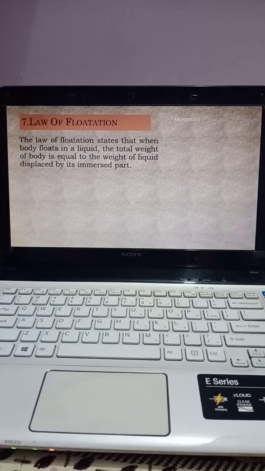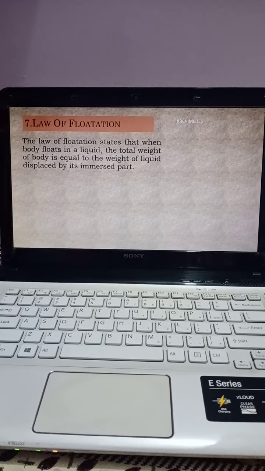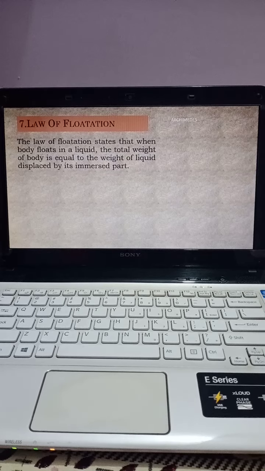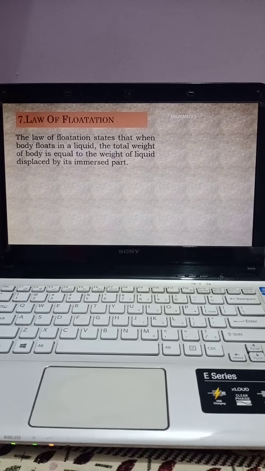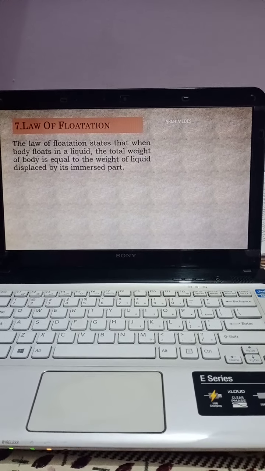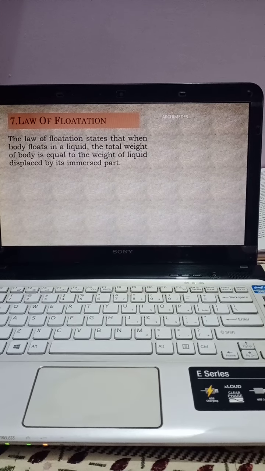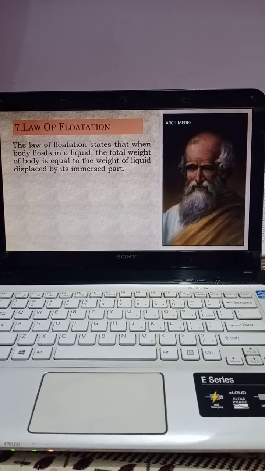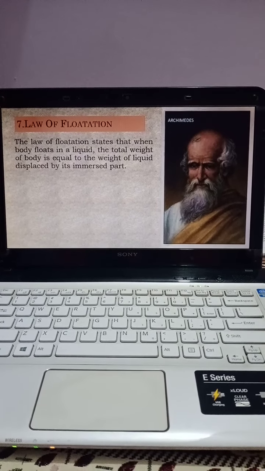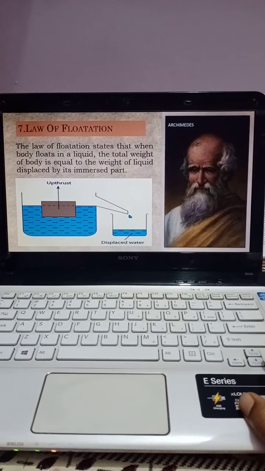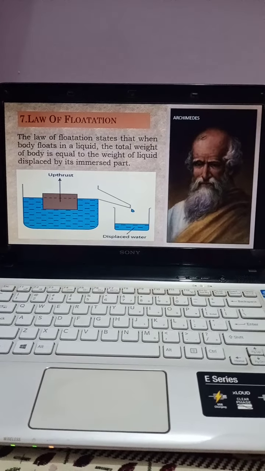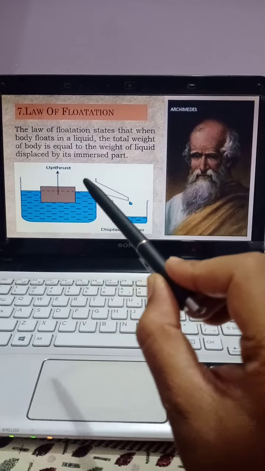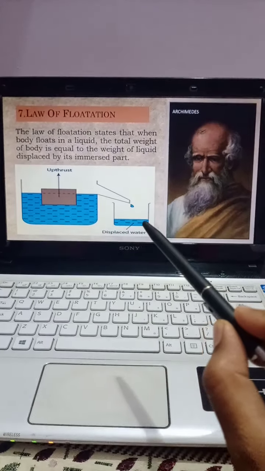So once again, the law of flotation states that when a body floats in a liquid, the total weight of the body is equal to the weight of the liquid displaced by its immersed part. This law is given by the scientist Archimedes, and this is the respective diagram: the object is immersed inside this liquid and displaces some water.